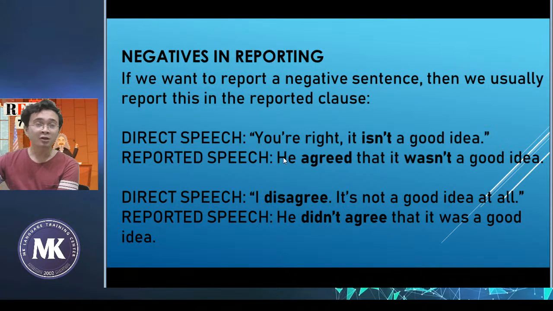Our reporting clause here is "he agreed." That is our reporting clause. And then we have "that it wasn't a good idea." This is our reported clause. So the negative part becomes "wasn't" in the reported clause.